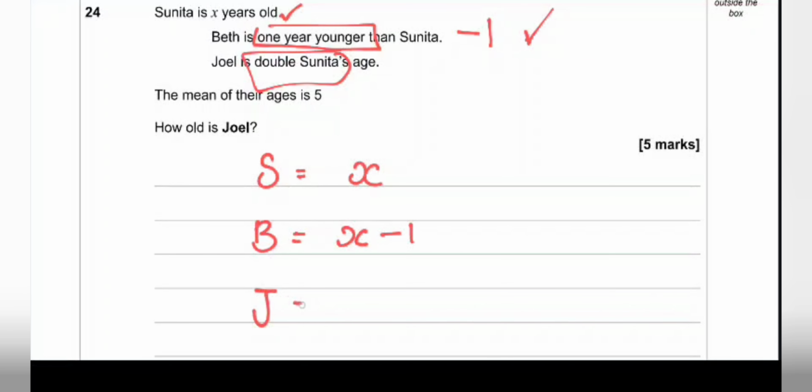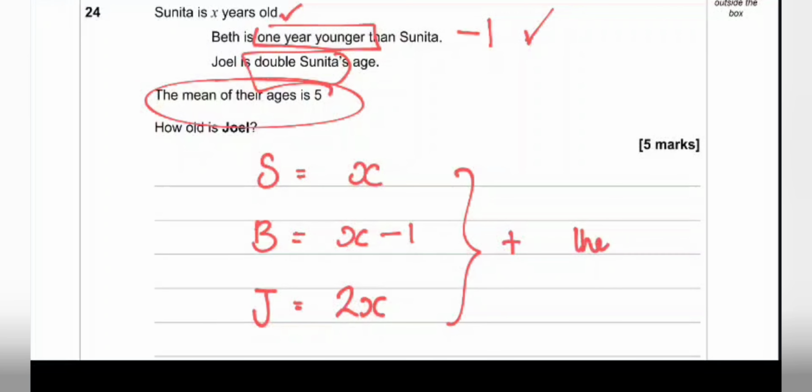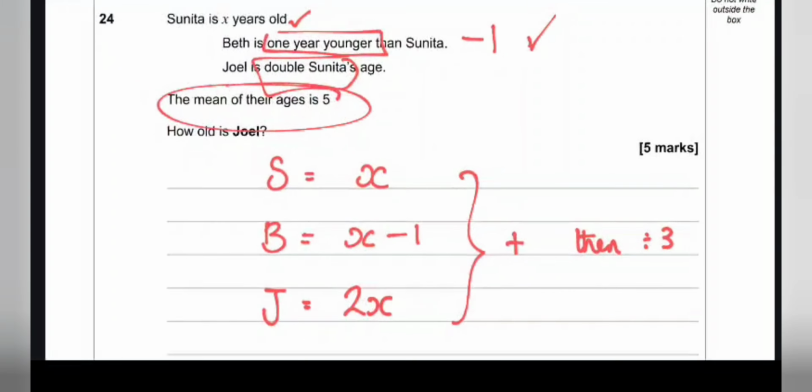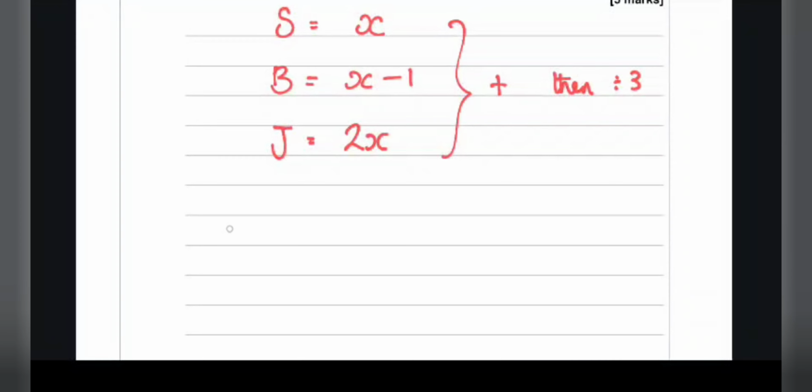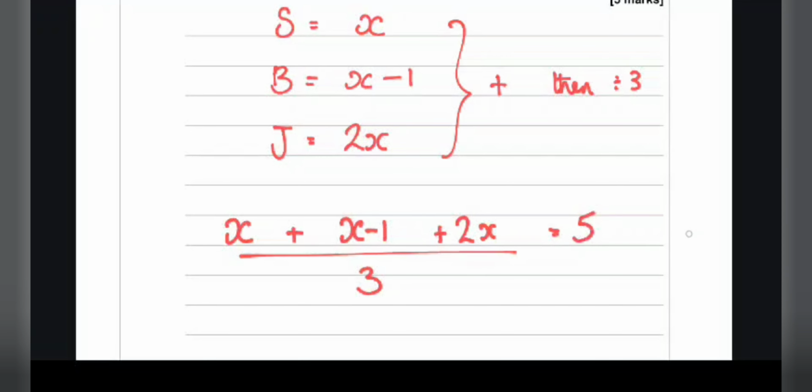So Joel equals 2x. Third sentence, dealt with. The mean of their ages is 5, which means when you add them all together and then you divide by 3, because there's 3 people, you get 5. So we're going to do that. We're going to add Sunita plus B plus J. I've forgotten their names already. Divide by 3 of them, set that equal to 5 because that's what the question says.